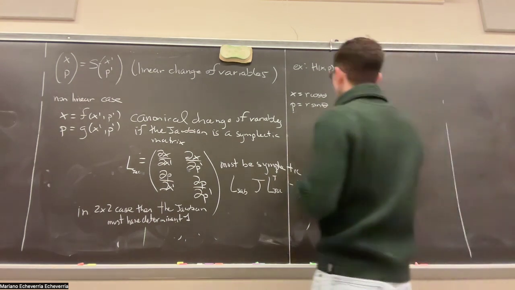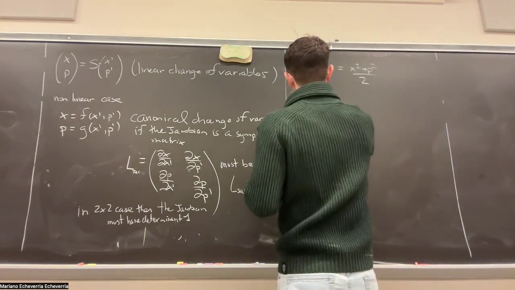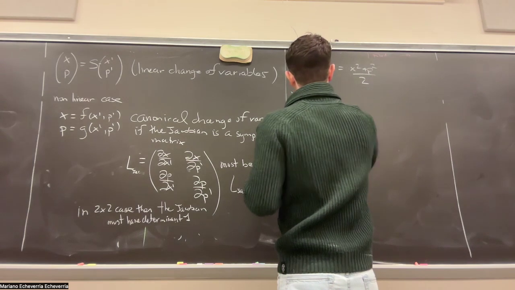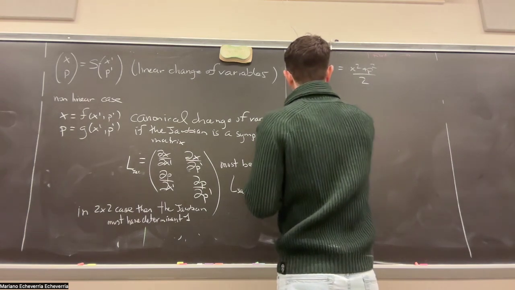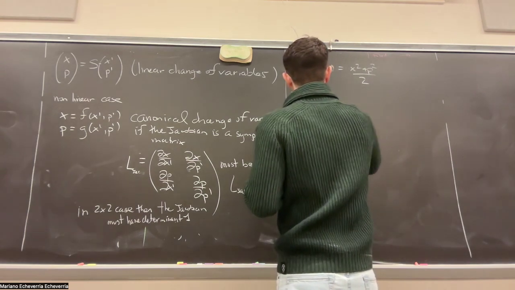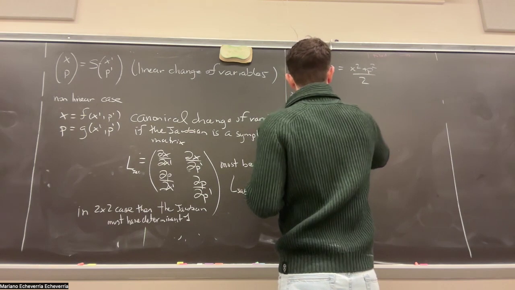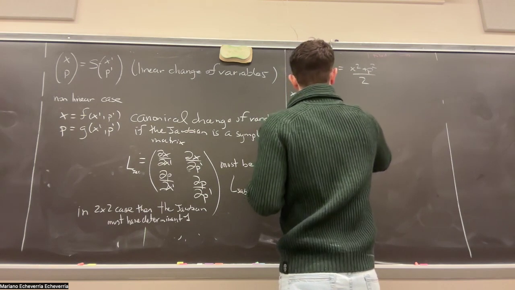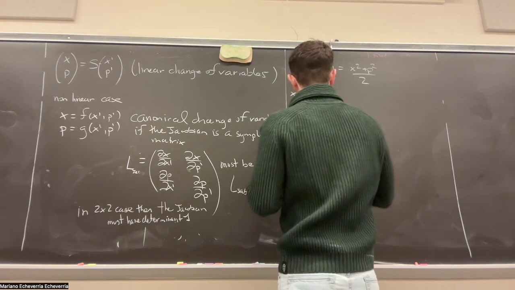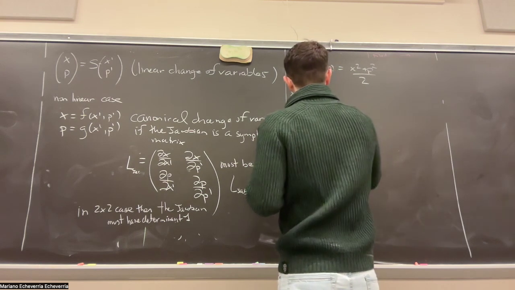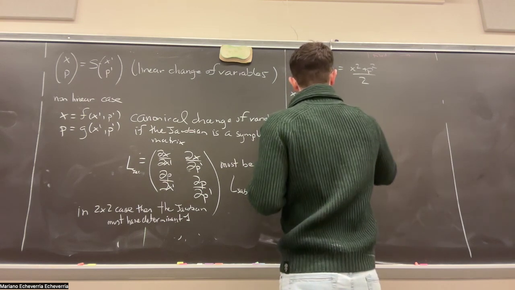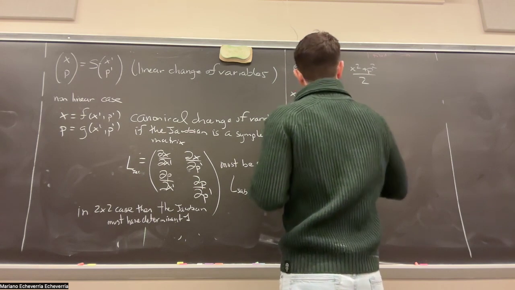So this was a change of variable, but this is not canonical, right? Because what's the Jacobian in this case? The Jacobian would be the matrix of x r, x theta, p r, p theta.